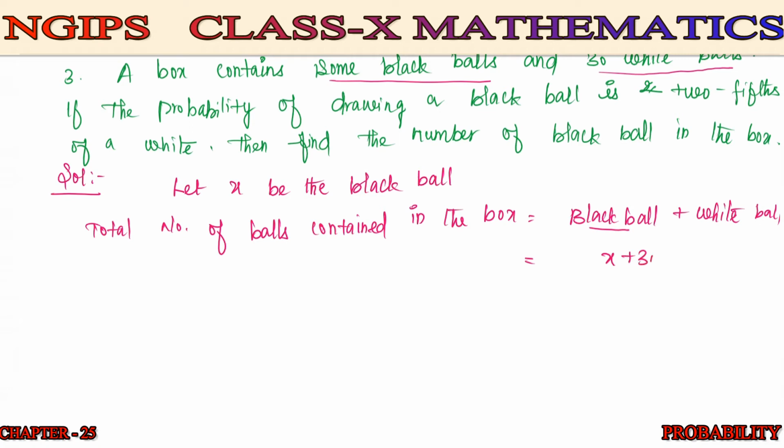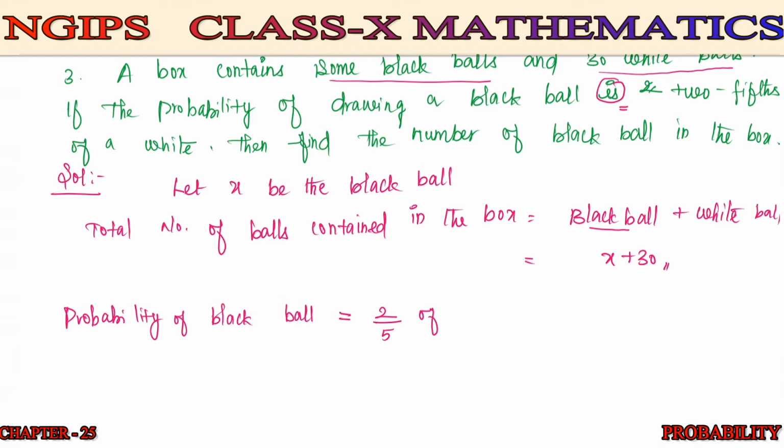Now the next condition: the probability of drawing a black ball is equal to 2/5. So 2/5 means 2 by 5 of white balls.